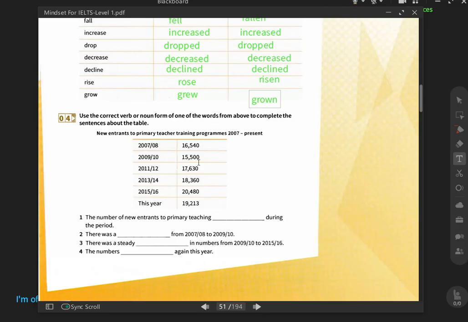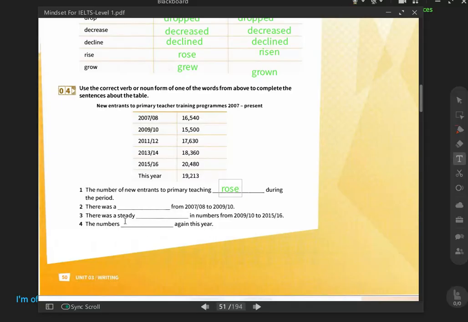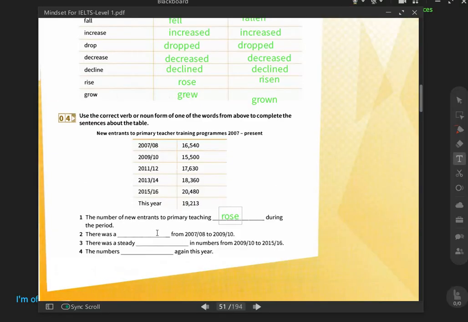So I need to use past simple. Why not? Rose. And the next one, there was a from here.